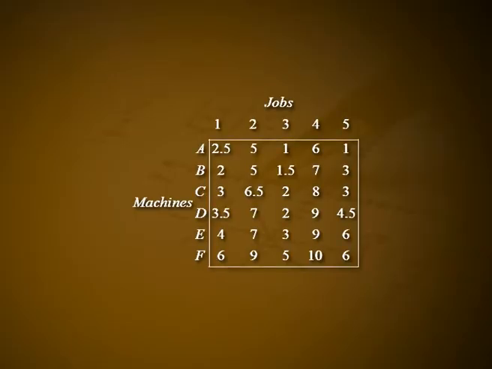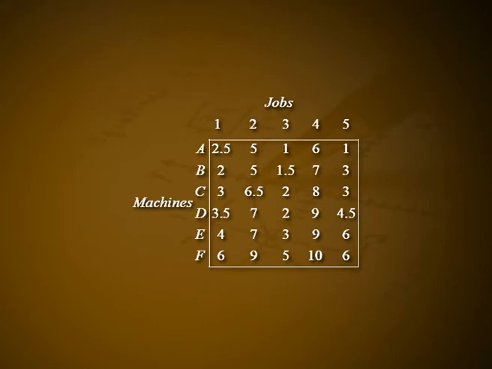Problem 5. A company is faced with the problem of assigning 6 different machines to 5 different jobs. The costs are estimated as follows in 1000 rupees. Machines A, B, C, D, E and F, jobs 1, 2, 3, 4 and 5. Costs for A 2.5, 5, 1, 6 and 1.